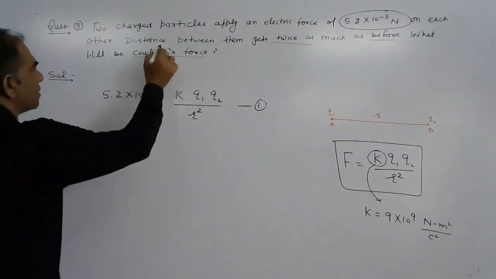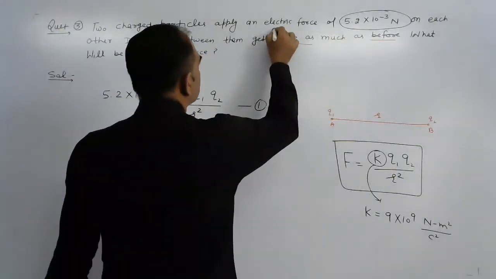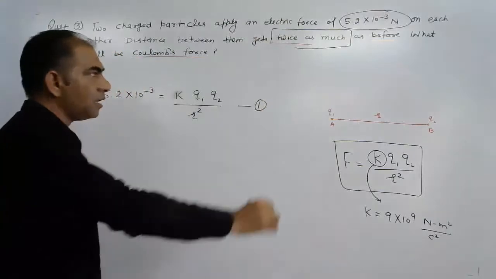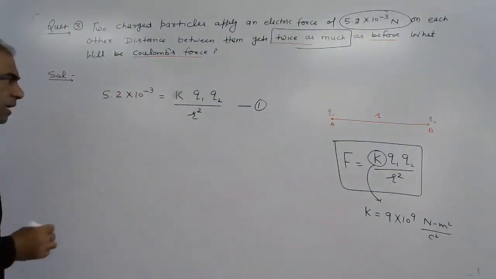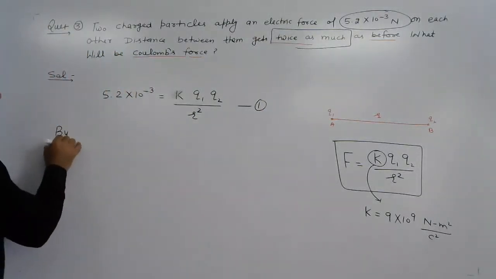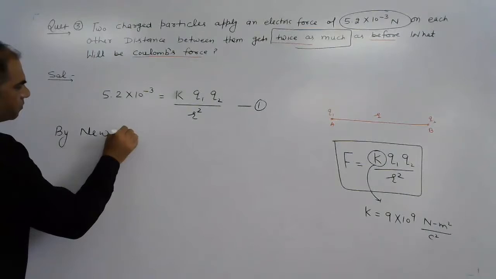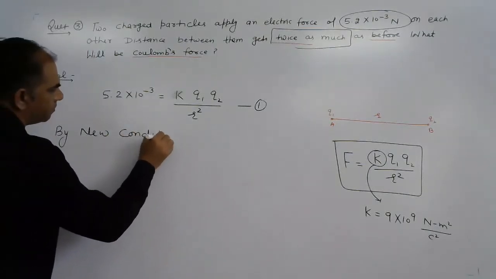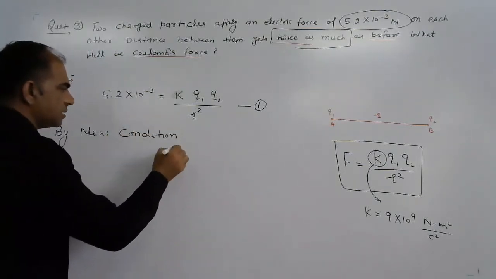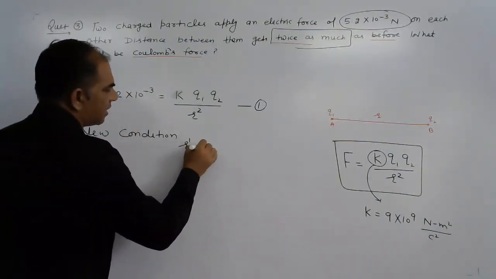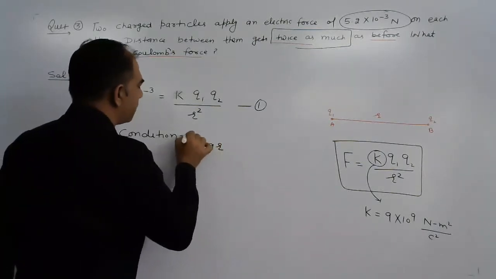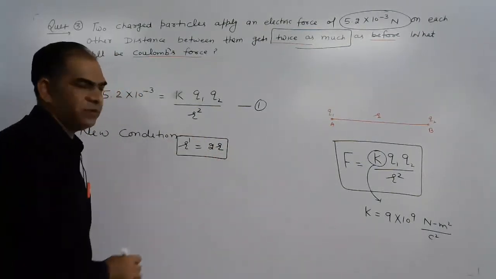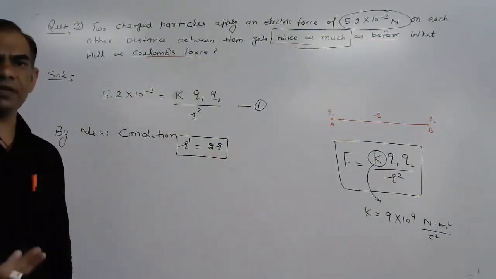By the condition, the distance between them becomes twice as much as before. So by the new condition, the new distance r dash becomes 2 times the previous distance.